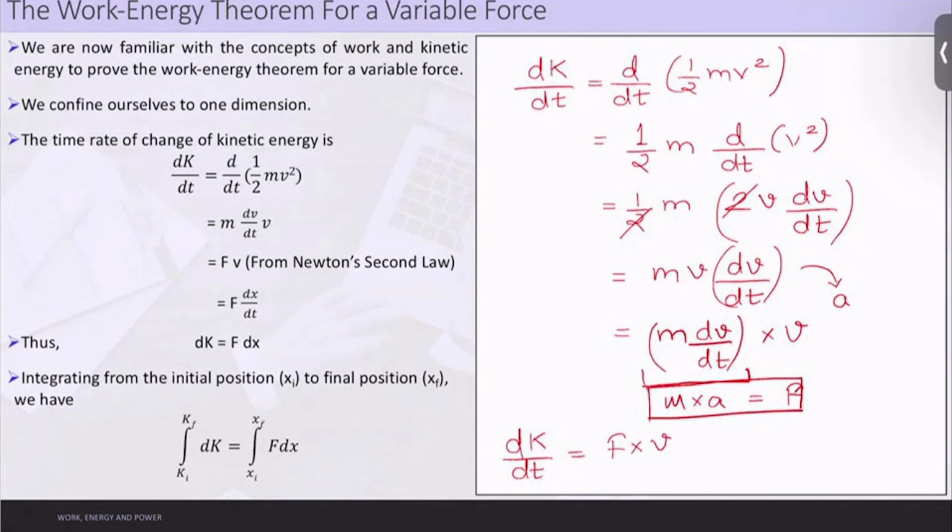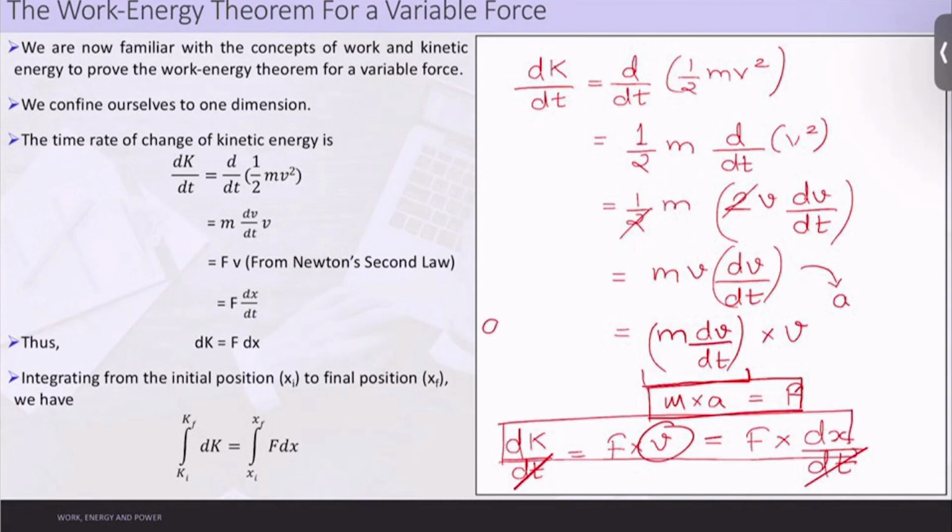Now what is velocity basically? Velocity in differential form can be written as dx by dt, so f into dx by dt, correct? As it is dt on both sides, we can remove dt, and what we are left with is dK is nothing but equal to f dot dx. So dK is equal to f dot dx.